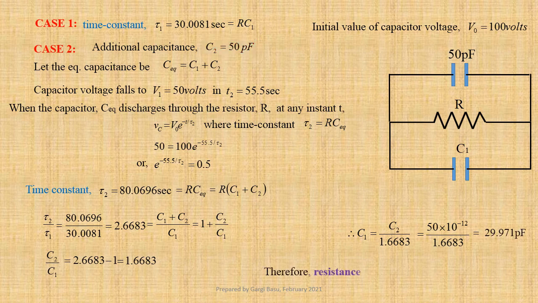Therefore, resistance R equals tau 1 divided by C1. Using values, we get 30.0081 divided by 29.971 into 10 to the power minus 12. That gives us 10 into 10 to the power 12 ohm.